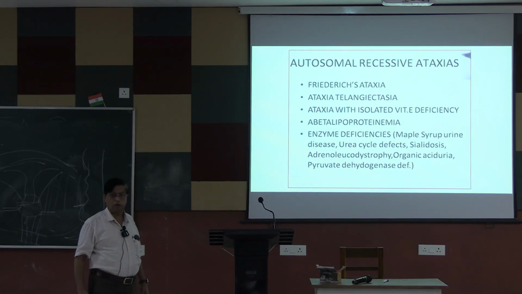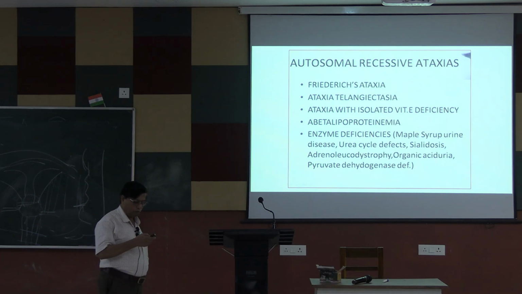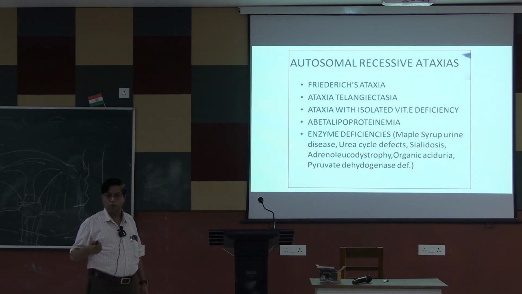Then comes autosomal recessive. This will help you in answering MCQs. Spinocerebellar ataxia types 1, 2, 3, 4, autosomal dominant, recessive: you will have to tick them. If you study more, you will find the answer. You will just search for the answer among the 4 options. Otherwise, you will start thinking about what the answer could be among the 4.